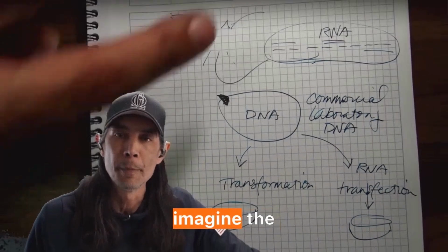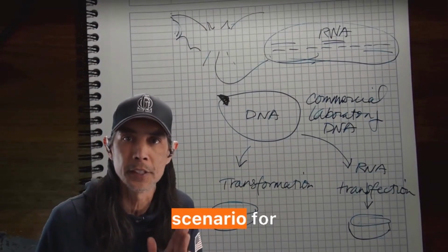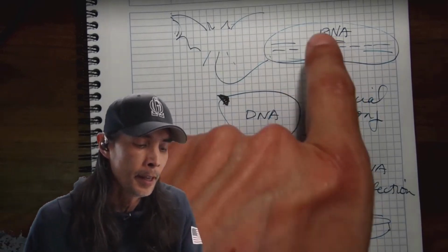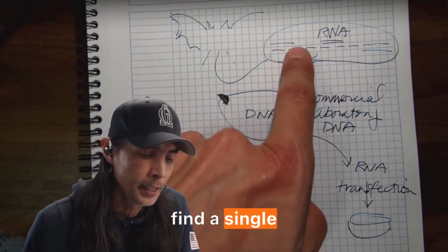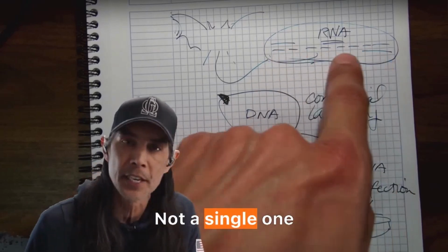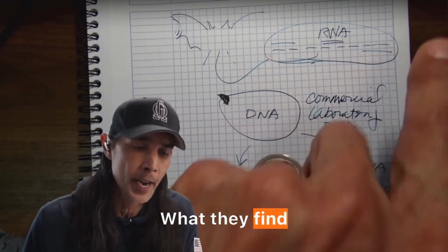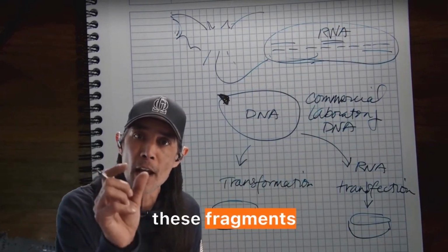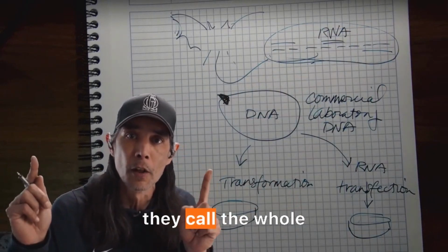I want you to imagine the worst case scenario for how bad this is, because it is that bad. They do not find a single contiguous sequence in the wild, not a single one. What they find are fragments, and then they assume that these fragments represent what they call the whole.